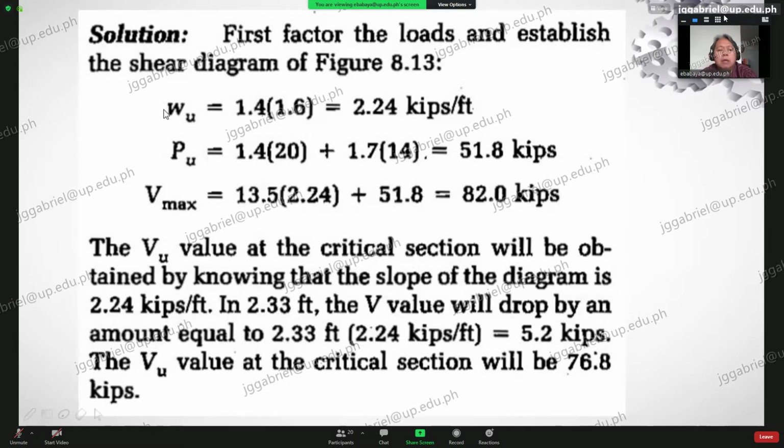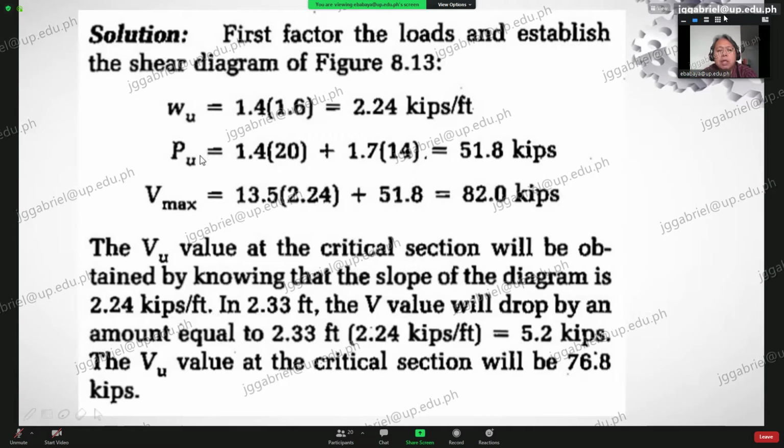Now, for the concentrated load, we have a service dead load of 20 kips, and then another one, service live load of 14. So the dead load we multiply by 1.4, the live load we multiply by 1.7.